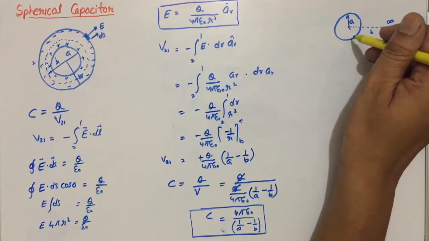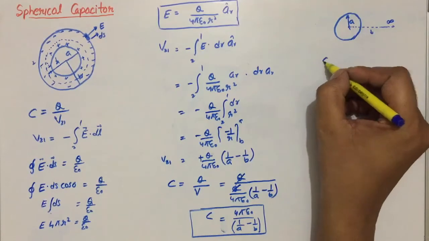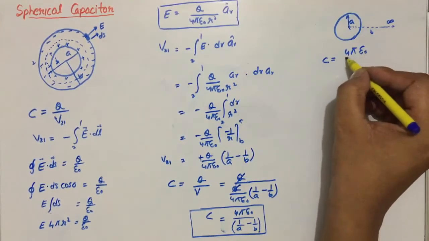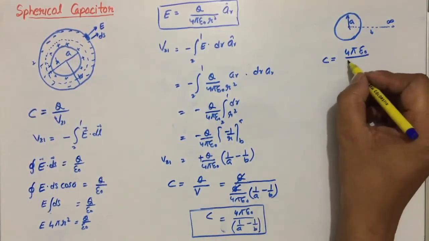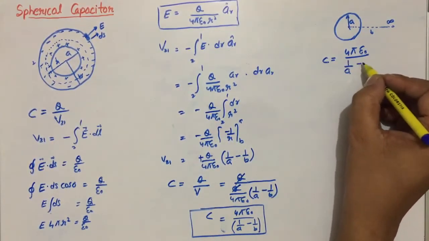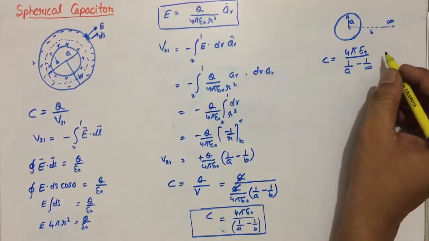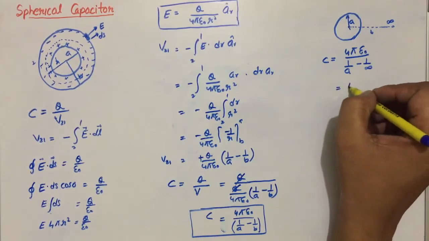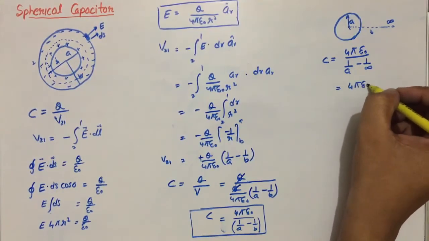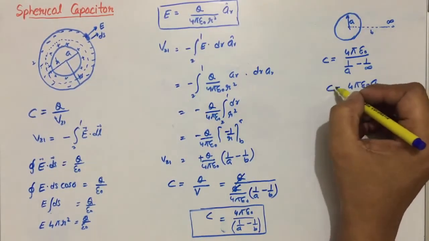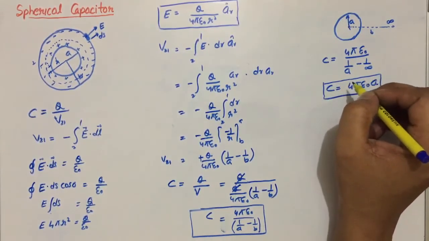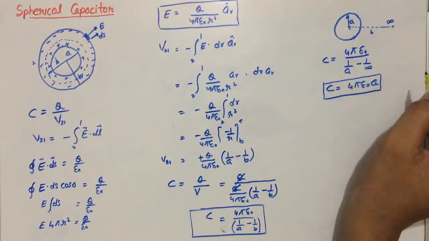And if the isolated sphere is there, then C will be 4 pi epsilon naught divided by 1 by a minus 1 by b, where 1 by b with b infinite is 0. So what we can say, 4 pi epsilon naught times the radius of the sphere will give you the capacitance of the isolated spherical body.